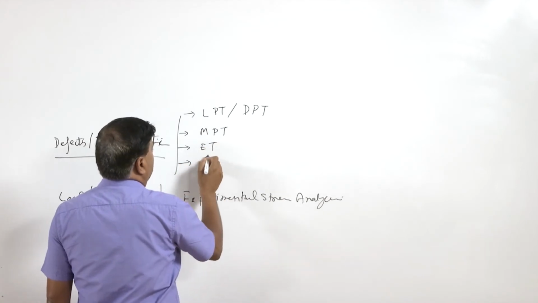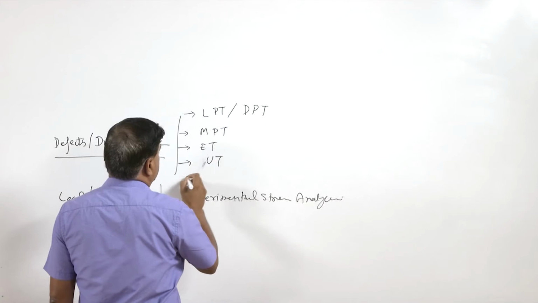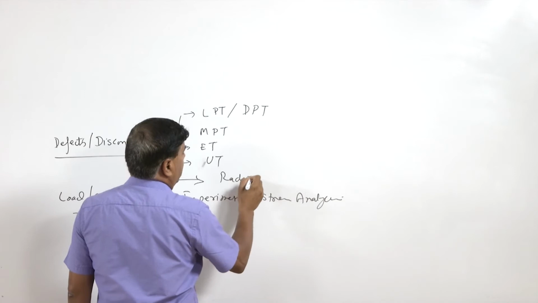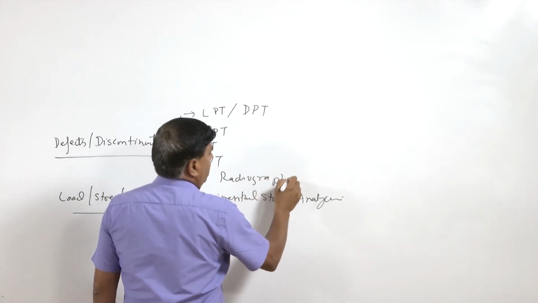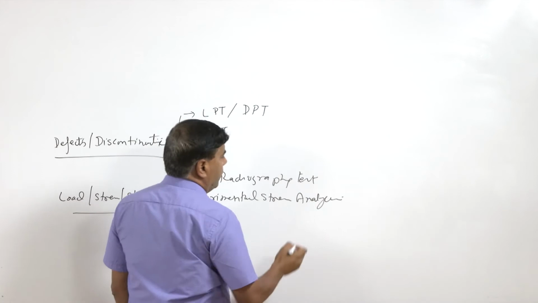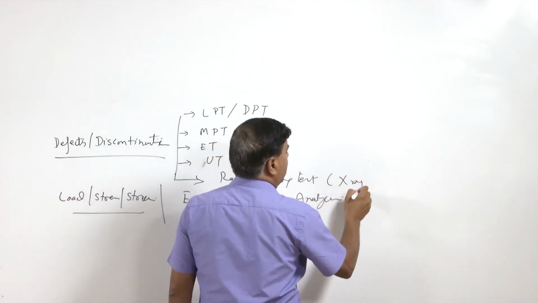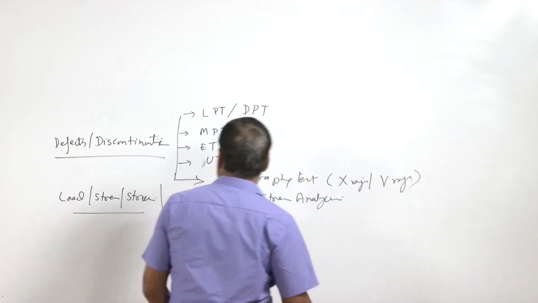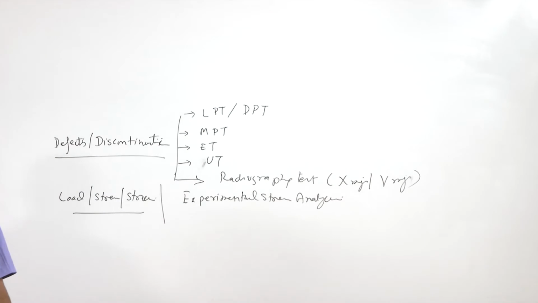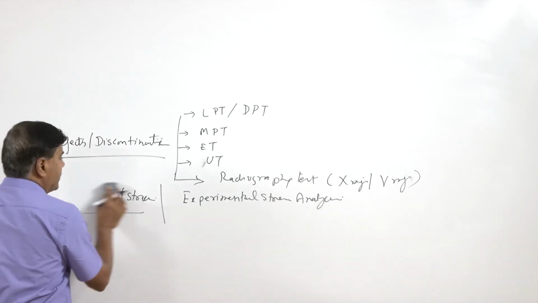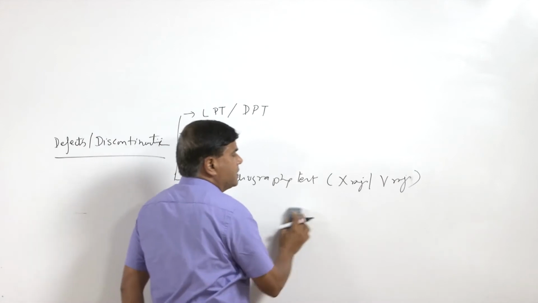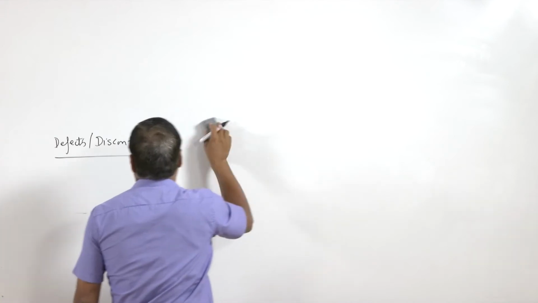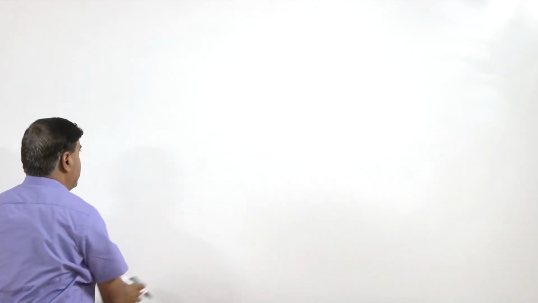Fourth is ultrasonic test, and the fifth is radiography test, wherein we have X-ray or gamma ray testing of the metals. Each type of test offers certain advantages and disadvantages over the others. So, we will take up each type of test one by one sequentially.